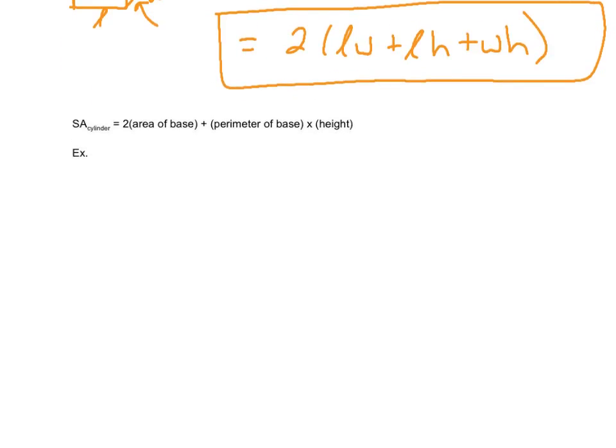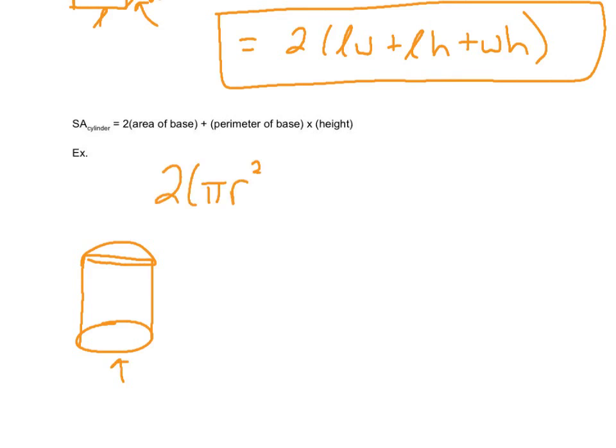It works out a little bit more clearly maybe with the surface area of a cylinder. So a cylinder has a circular base. The area of the base is, remember, the area of a circle is pi r squared, so 2 times pi r squared, plus the perimeter of the base. The perimeter of a circle is also known as the circumference.